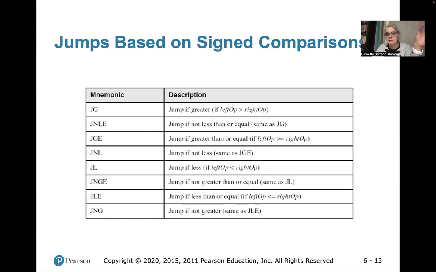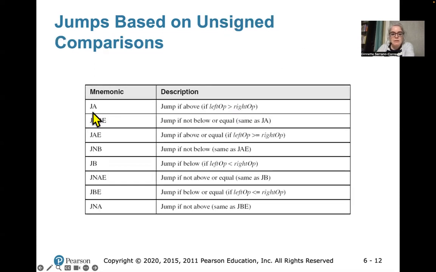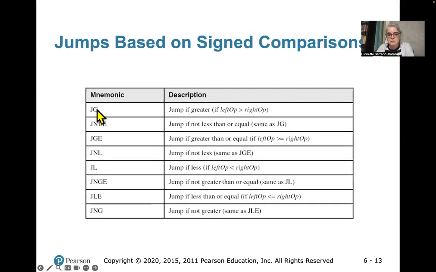Above is for unsigned, and G, greater than, is for signed. Then below is the same thing as less than. So left operand greater than right operand is the same thing either way. Up here you're using JA because it's unsigned. Here you're using JG. Whatever you want to do to figure out how to commit that to memory, you can do that.